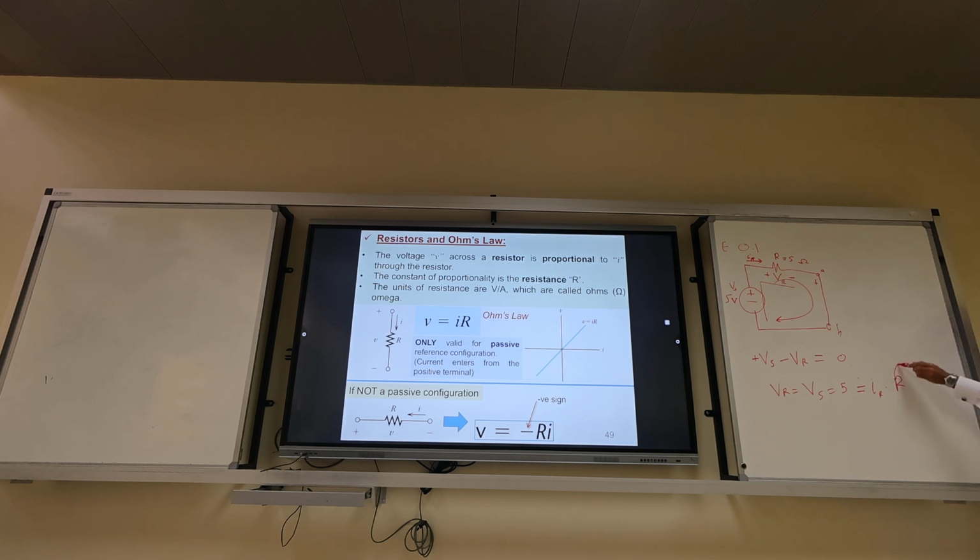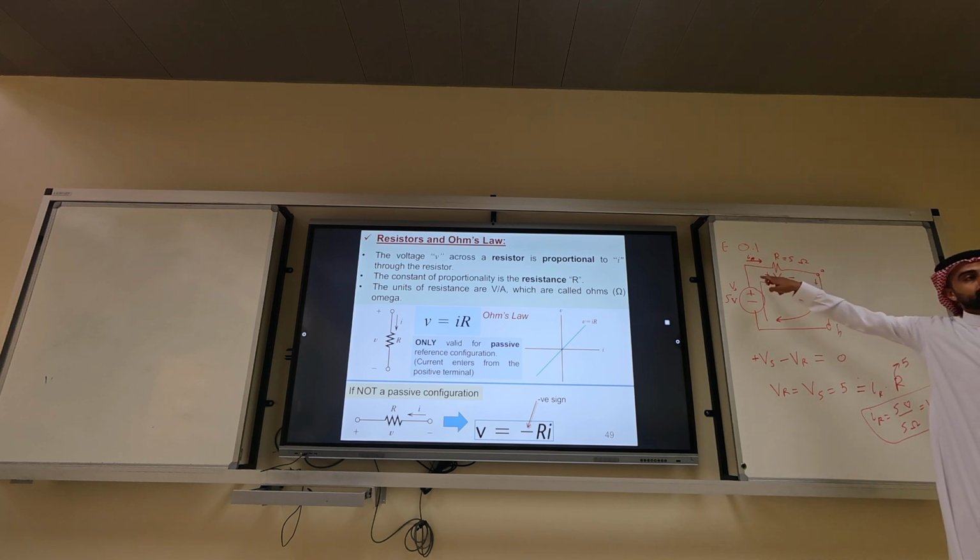If R is 5, then I sub R equals 5 volts over 5 ohms, which equals 1 amp. So there will be a 1 amp going through the resistor.